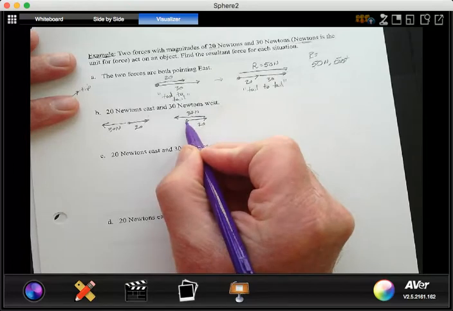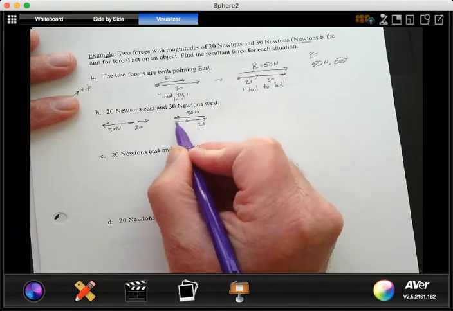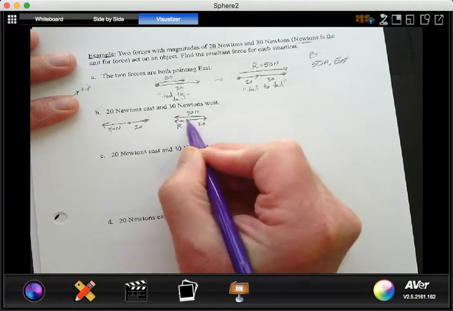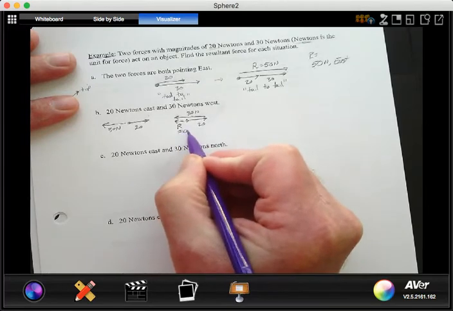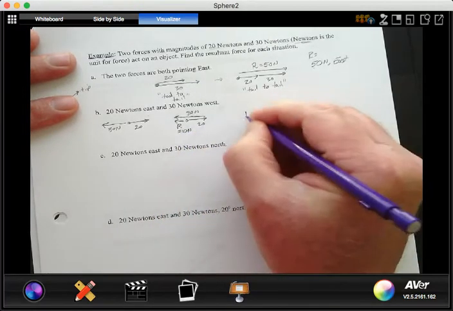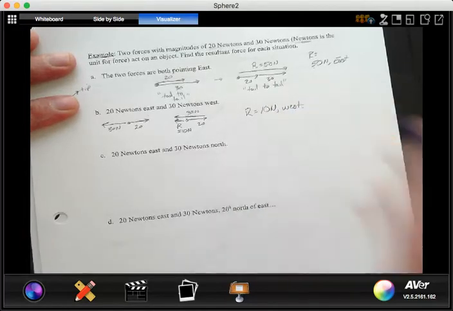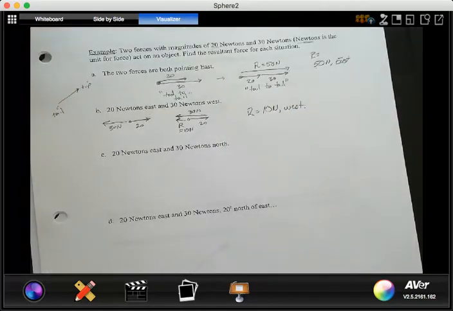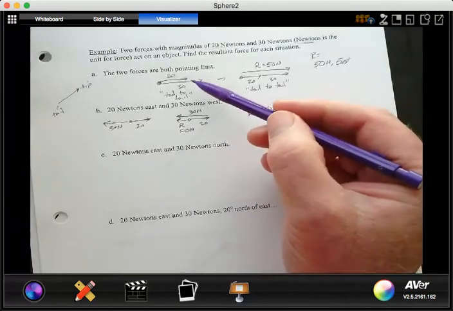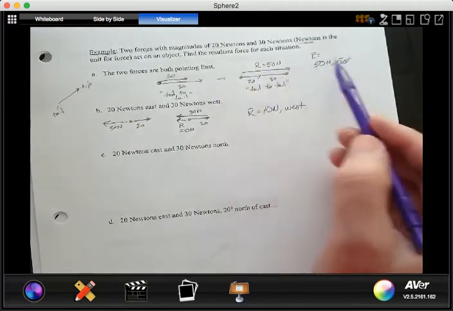I draw from the origin to the tip of the last vector for my resultant. So there's my resultant. Well, how long is that going to be? It's going to be 10. So my resultant is 10 newtons west.